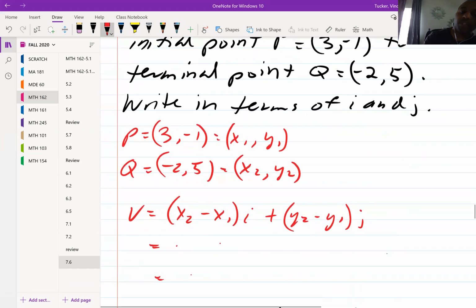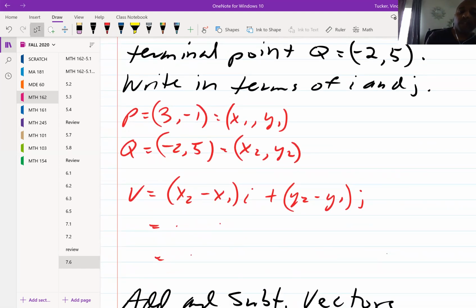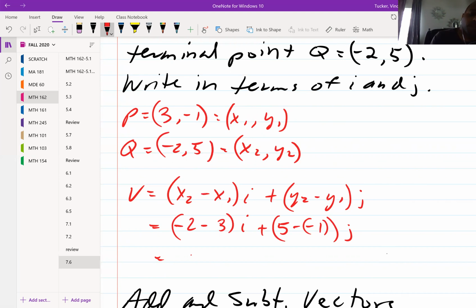So you plug those in accordingly. x2 is -2, x1 is 3, y2 is 5, and y1 is -1. So that should be -5i plus 6j.